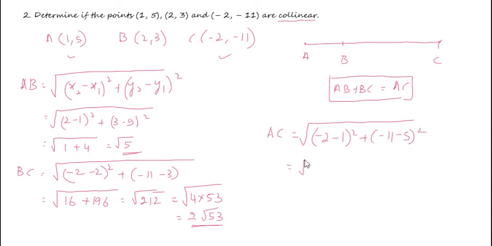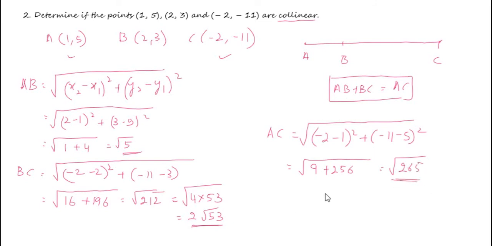This is equal to square root of minus 2 minus 1, 3 square, that is 9, plus 11 plus 5, 16 minus 16 whole square, that is 256. This is equal to square root of 265.